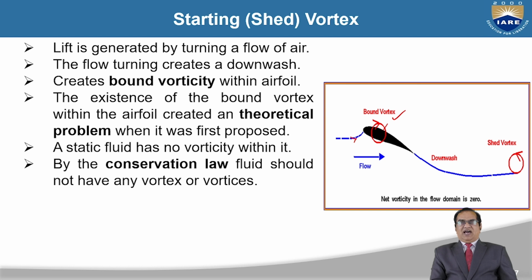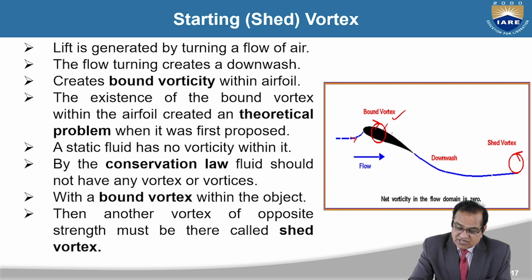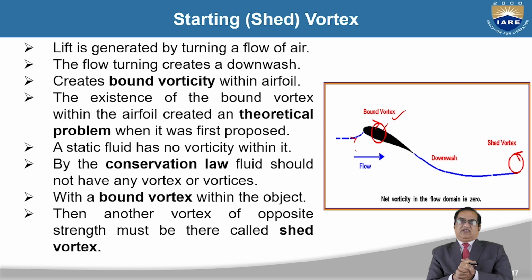By the conservation law, fluid should not have any vortices. With a bound vortex within the object, another vortex of opposite strength must be there, called the starting vortex. Kutta found the bound vortex on the airfoil, but he was not aware of the starting vortex. There should be a starting vortex, otherwise it does not follow the conservation law.